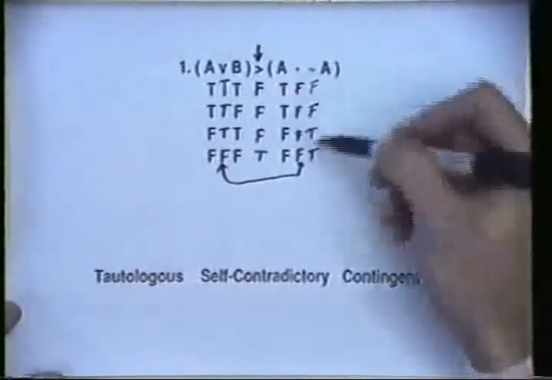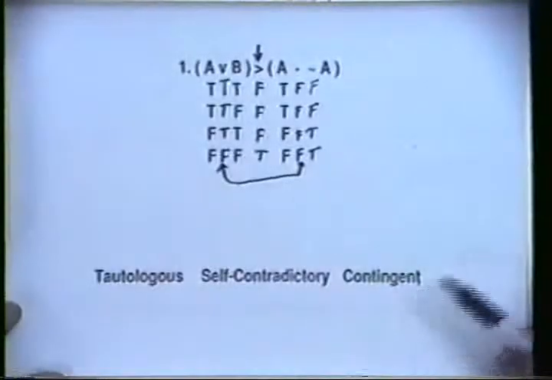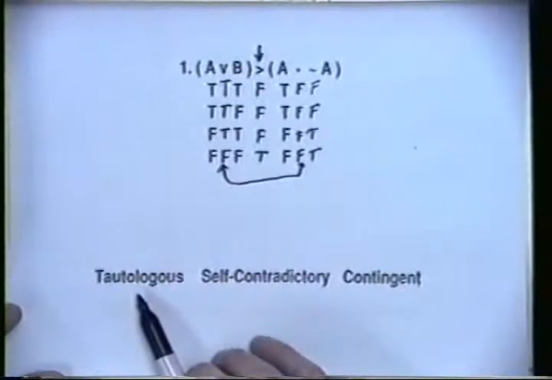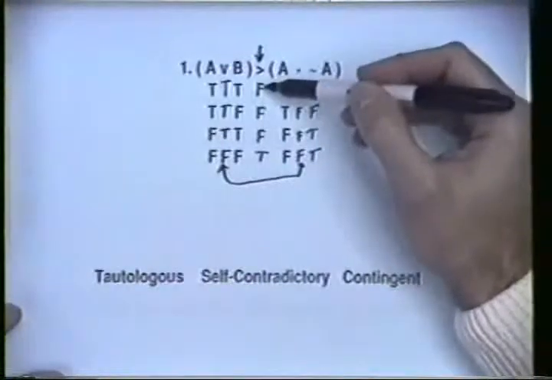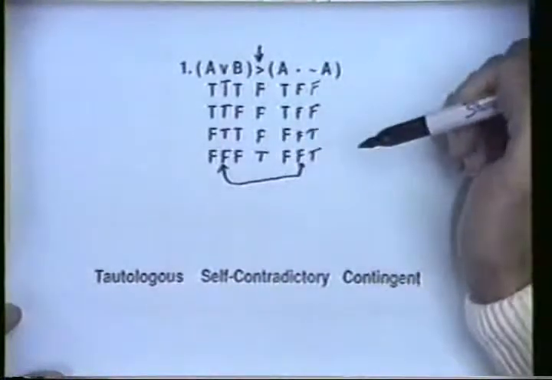Now we need, with the whole table in front of us, to determine if this sentence is tautologous, self-contradictory, or contingent. You should recall now that a sentence is tautologous just in case it is true under every different assignment of truth value to its atomic components. That is, every row here has to have a true. We'd have to have true, true, true, true for a sentence to be tautologous.